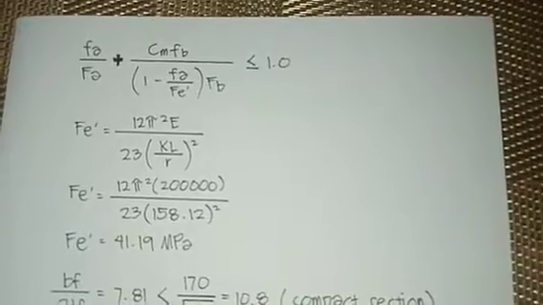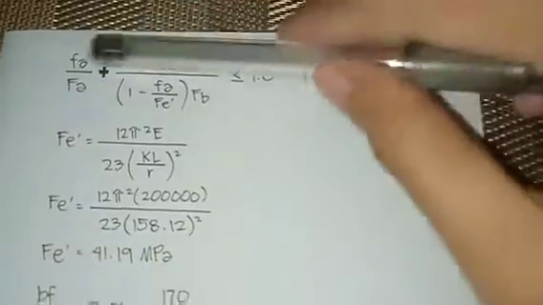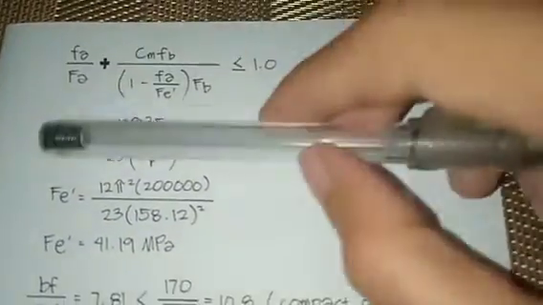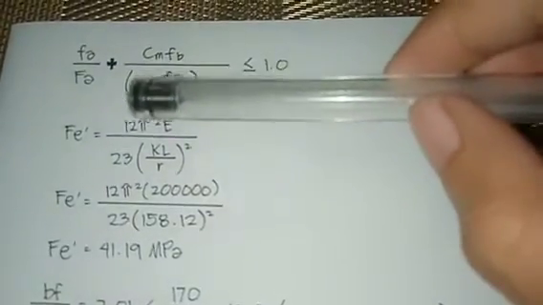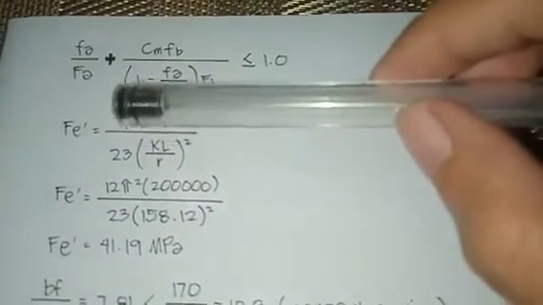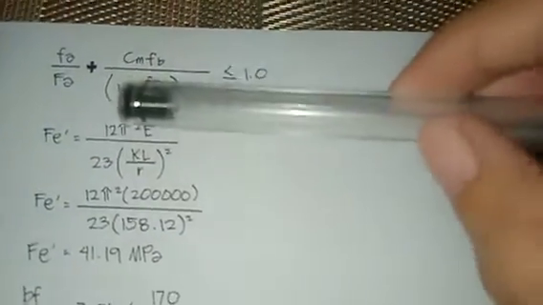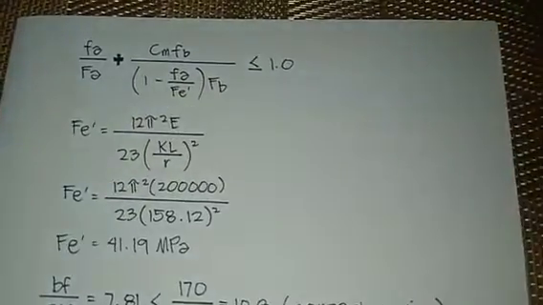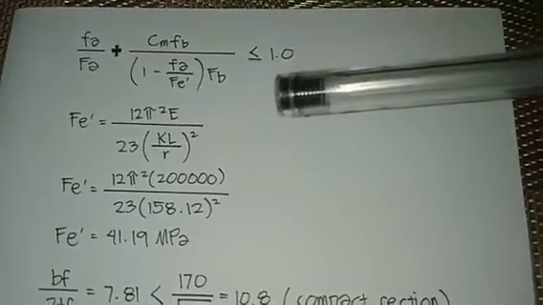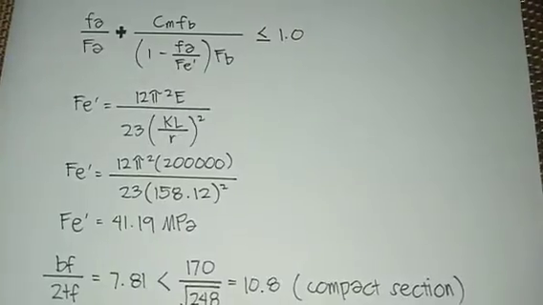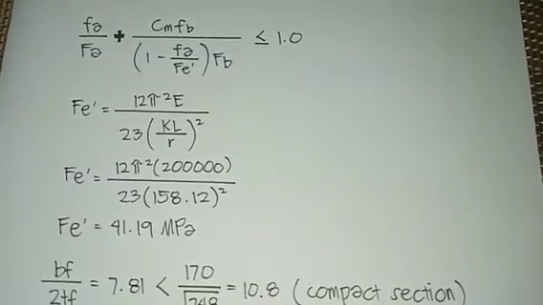Then we use the formula in finding the Fb: fa over Fa plus Cm times fb over the quantity of 1 minus fa over F'e times Fb, which should be less than or equal to 1.